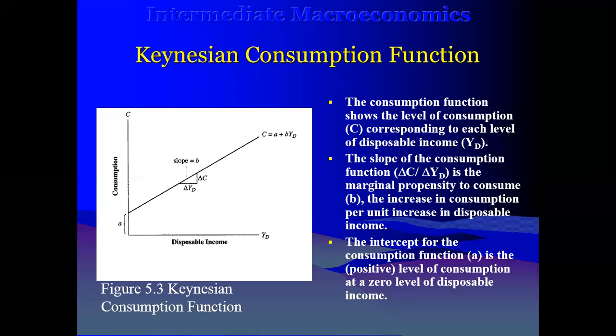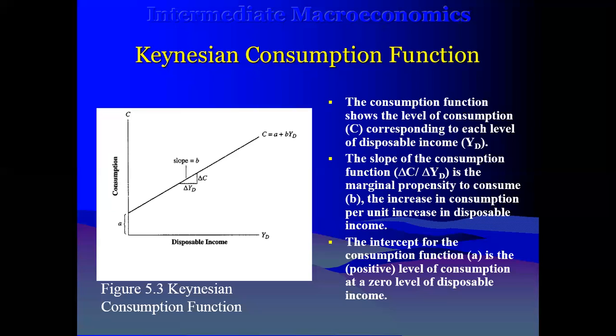What I'm trying to say is the B that we have here is your marginal propensity to consume out of disposable income. You can also be asked to find your marginal propensity to consume out of national income. I'm sure we'll see a mathematical question like that, so when we get there, we'll go over it.